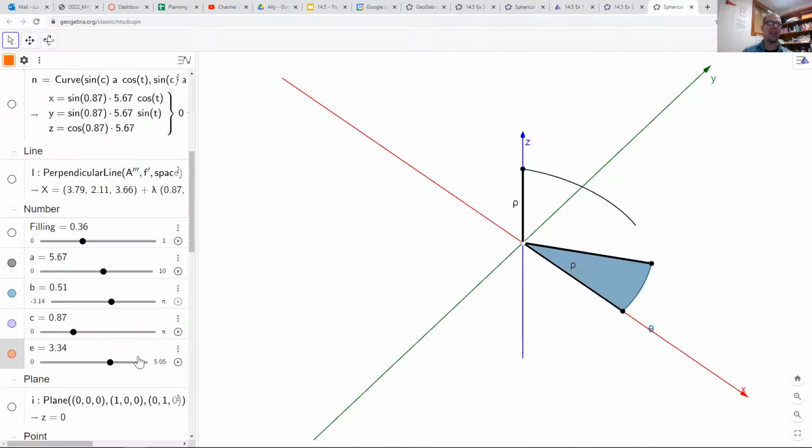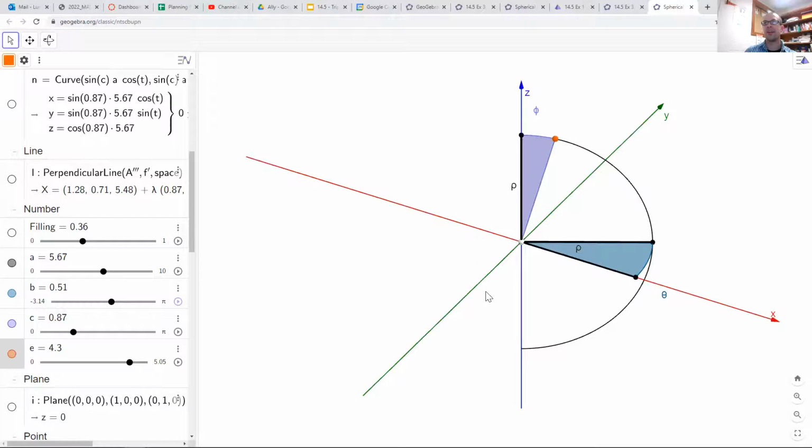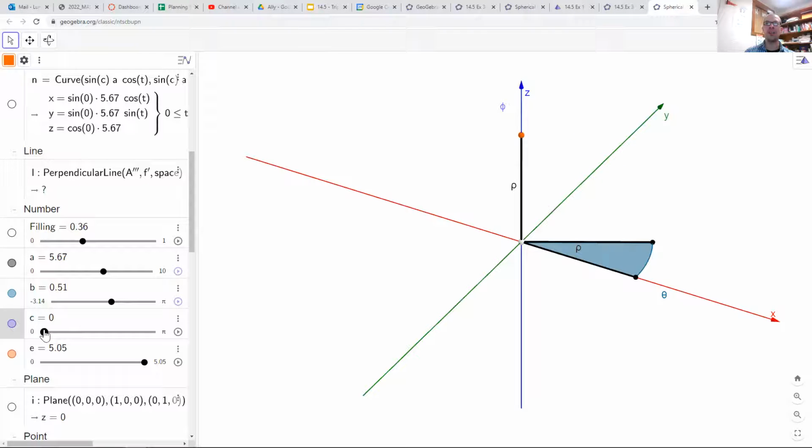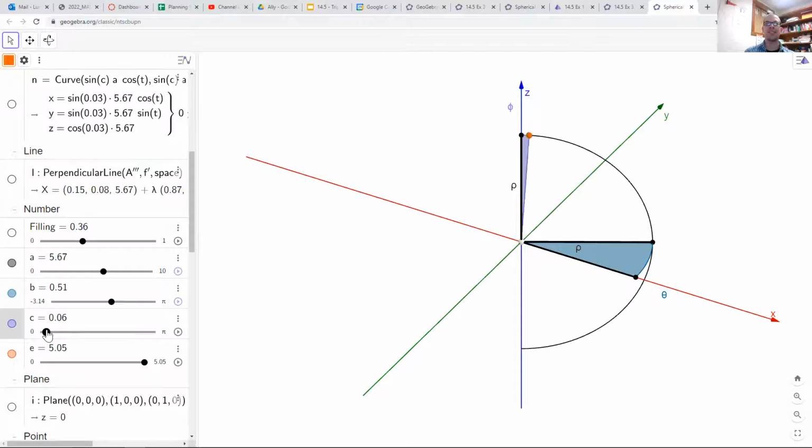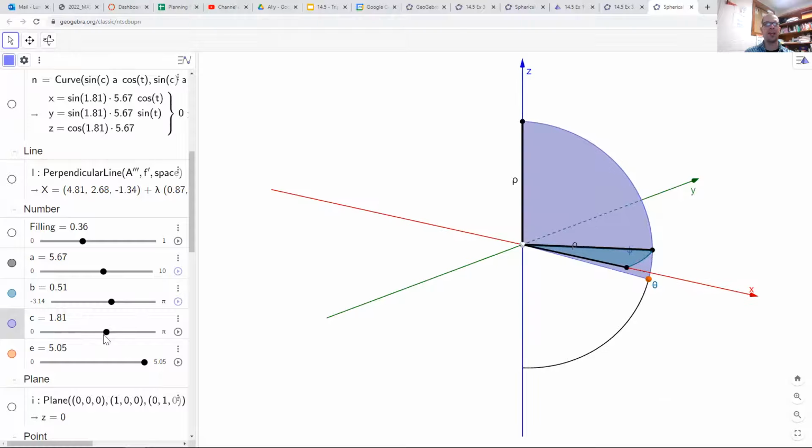This new piece that we have is an angle defined coming from the positive z-axis. You could think of the domain of this new angle phi as being as small as 0, and then you'd be on the positive z-axis. When you get to pi halves, you're at the xy plane.